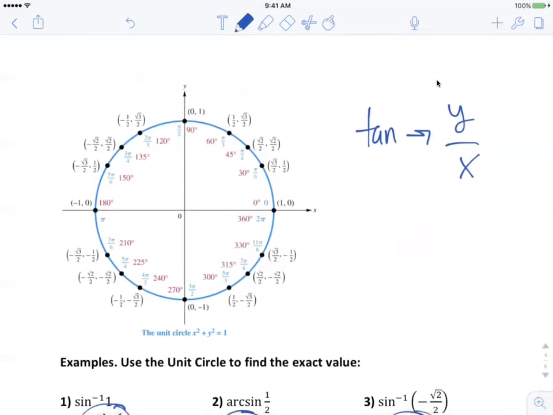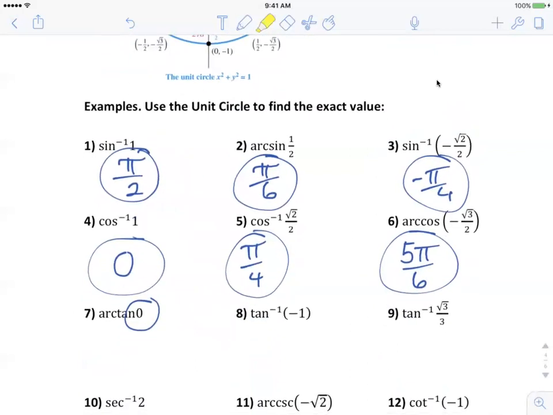Which means then that the y would have to be 0, right? Because if the x is 0, you get undefined. So I'm looking for a place where the y is 0 and then x is whatever. Right? So is there any coordinate where the y is equal to 0? There it is, right? And so then there's tangent 0. And that's 0, there's your answer. Tangent 0 is 0. Lots of zeros. Circle it, looks like a 0 too.